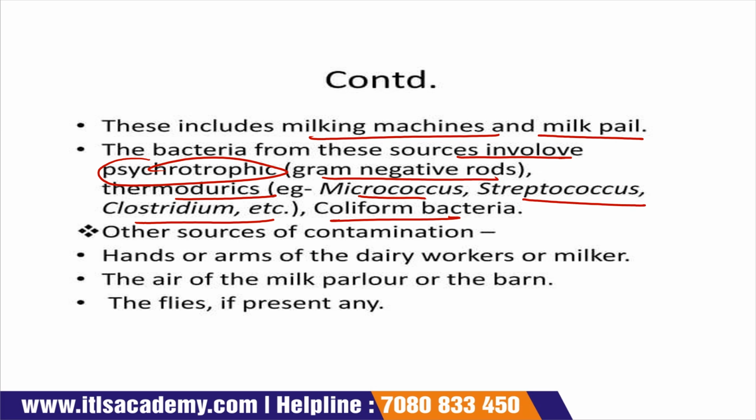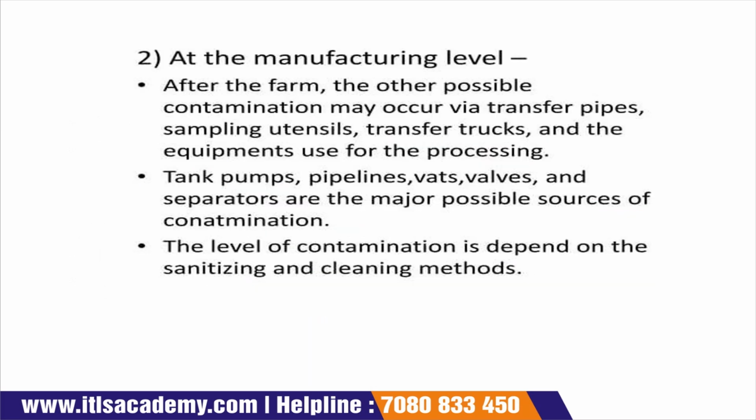If we see our hand under a microscope and see how many bacteria are present, we would not even eat food with our hand. So that's a common reason for the contamination of the milk. Other sources are the hands or arms of the dairy workers or milker, the air of the milk parlor or the barn, and flies if any are present.